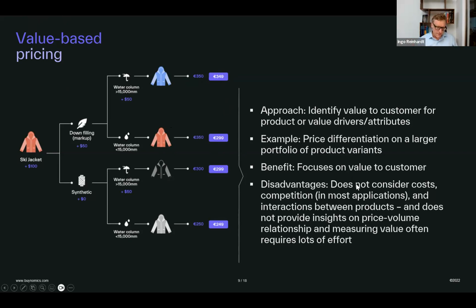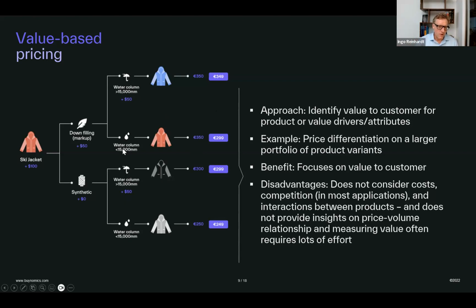And of course, one final difficulty in this method is that it's often really difficult to assess how customers value these different products. So how certain are we that the more waterproof product is valued $50 more than the less waterproof product?